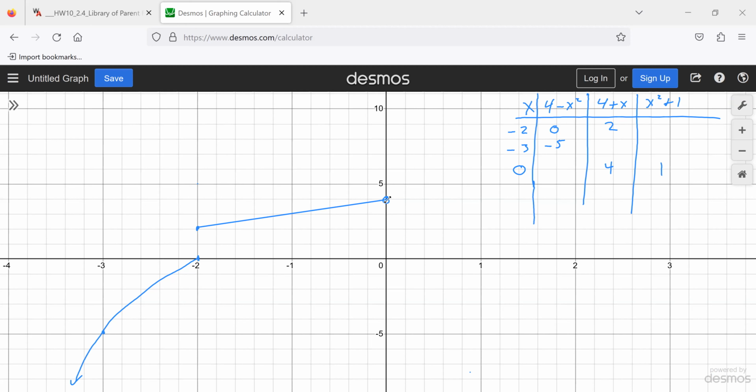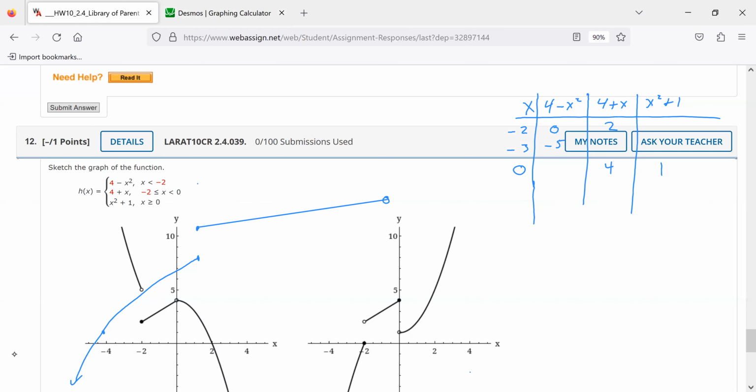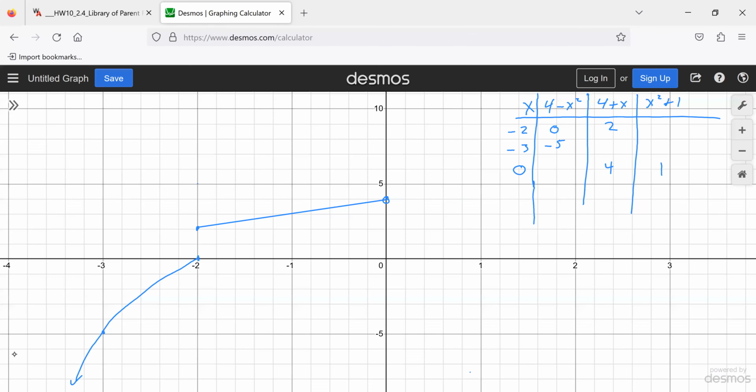Then we have another problem starting after 1. Double check. After 0. After at 0, we have 1. Greater than 0, so plug in another one. If I plug in 1, I get 2.